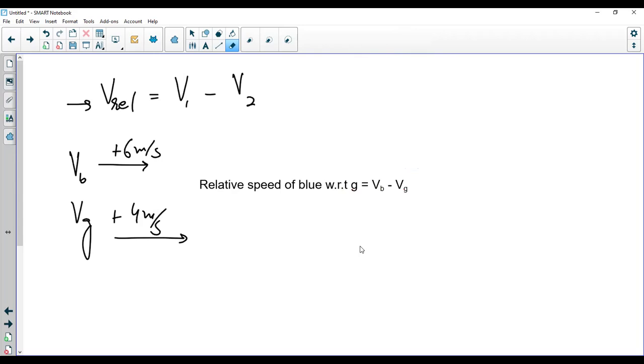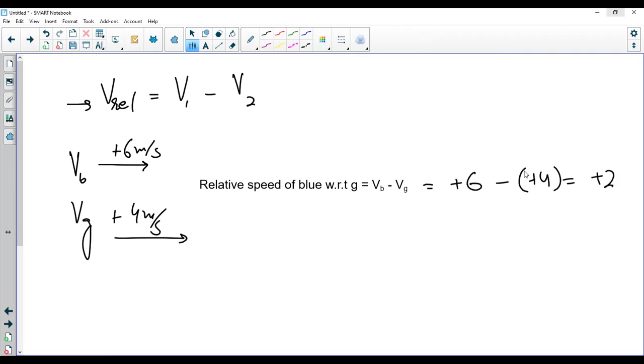When we put the values, we get our answer as what we have practiced: 6 minus plus 4, that is actually equal to plus 2.